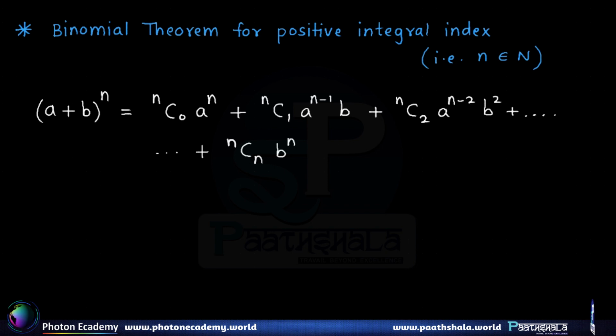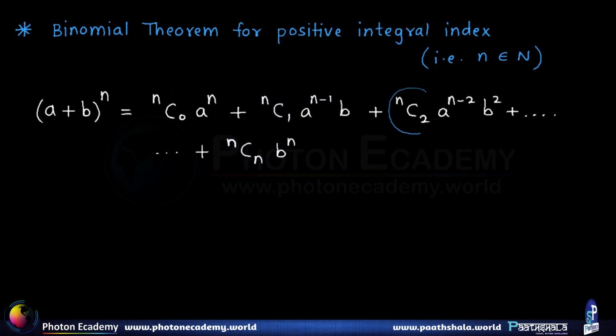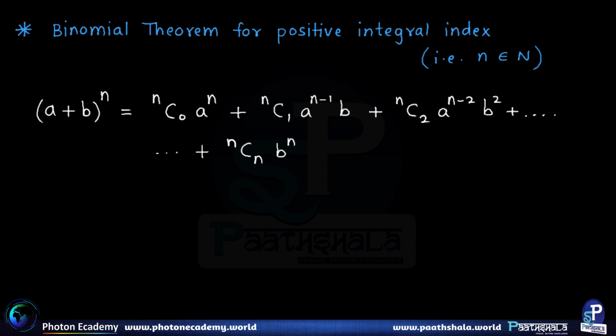Then the next coefficient is nC1, the power of A is reduced, so n becomes n minus 1, and the power of B now becomes 1, so the term in B has now appeared. Then moving on, we have nC2, the power of A reduces by 1, whereas the power of B increases by 1, so B becomes B square and A reduces to A raised to n minus 2, and so on till the last term. The last coefficient would be nCn, and B will be raised to the highest power n, and there will not be any A term visible in the last term. So this is the statement of the binomial theorem for positive integral index.